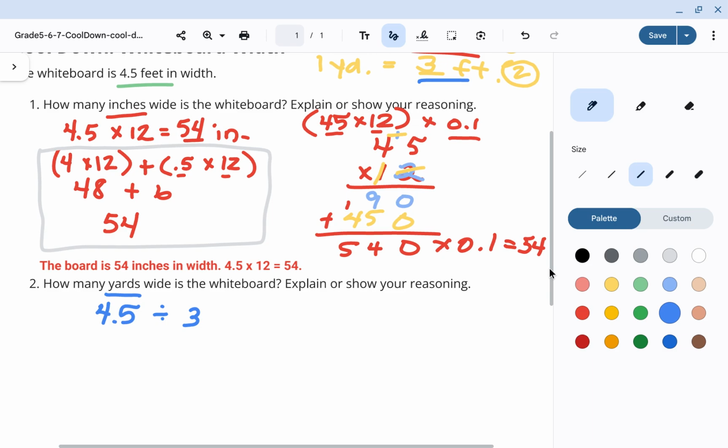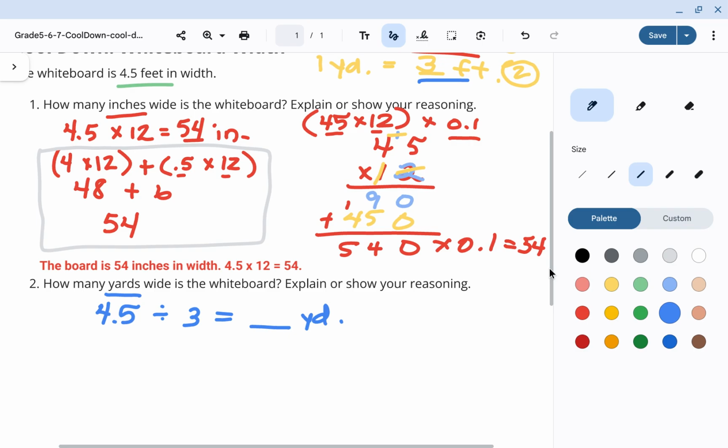It has a relationship of 3. So I'm going to be dividing by 3 to get to my answer. Once I have my answer, this will be the measure of how many yards it takes to communicate that 4 5/10 feet. Okay? Yes, that's exactly what I'm going to need to do here.